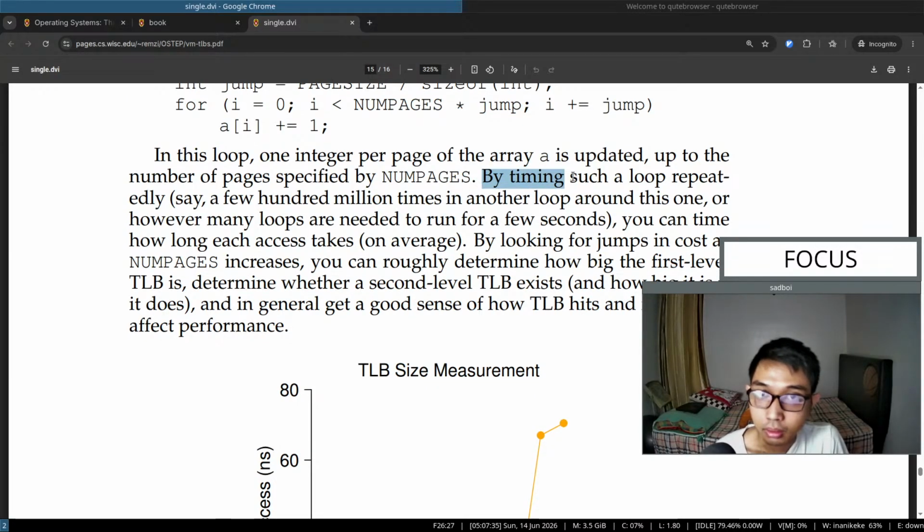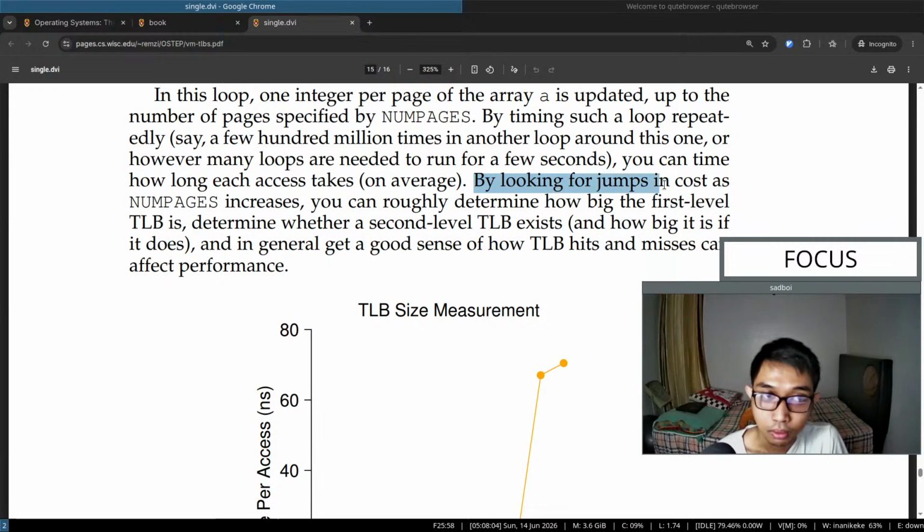By timing such a loop repeatedly, say a few hundred million times in another loop around this one, or however many loops are needed to run for a few seconds, you can time how long each access takes on average.